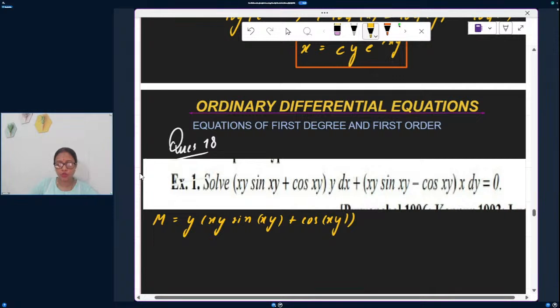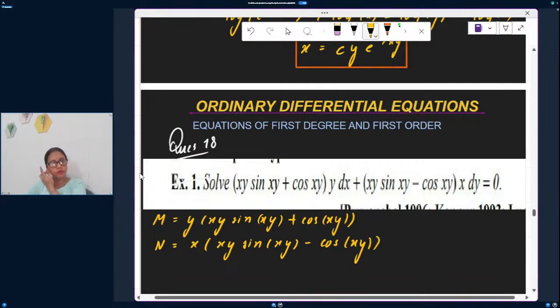And N is going to be again x(xy sin xy minus cos xy). So what is going to be the integrating factor? Let's find Mx minus Ny.